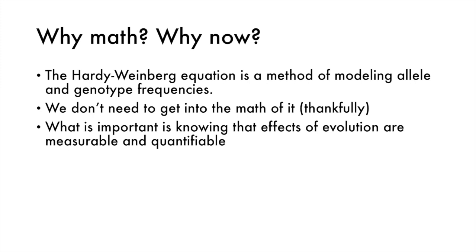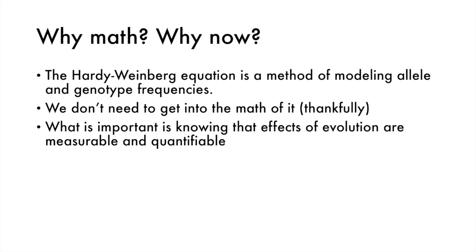And a couple of very important things about it is that it demonstrates that we can measure and quantify these particular aspects of change through time in biological systems. In other words, we can measure evolution and demonstrate that it's happening.